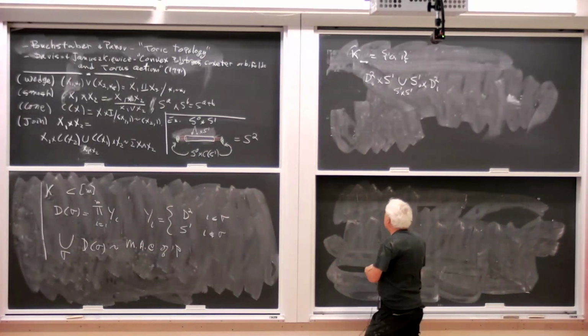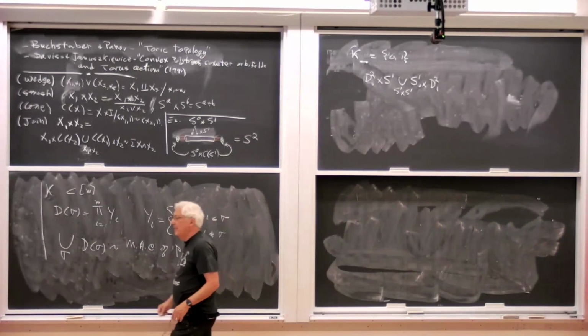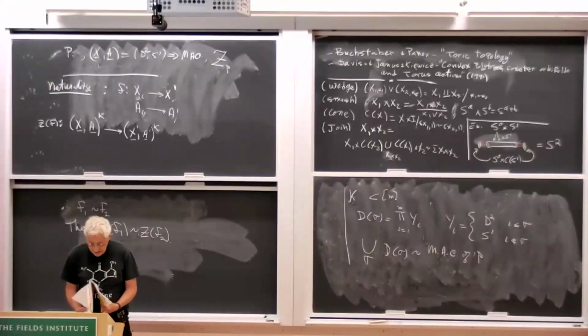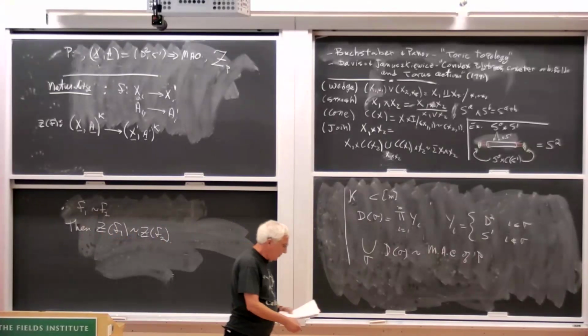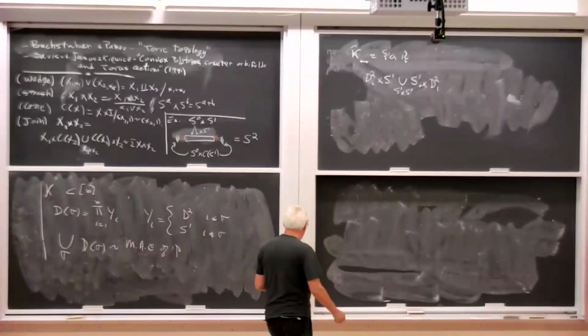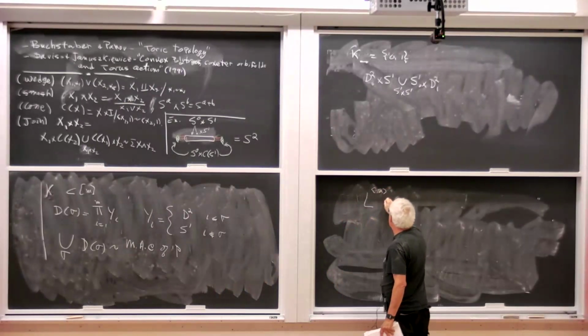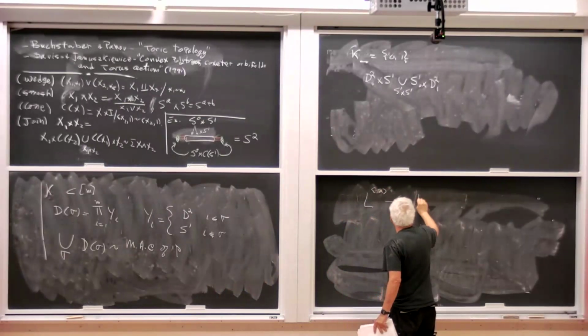So suppose I have a map. Actually, I should try to get my notation correct so I don't screw that up. I have a simplicial complex on a vertex set N mapping to a simplicial complex on a vertex set M.